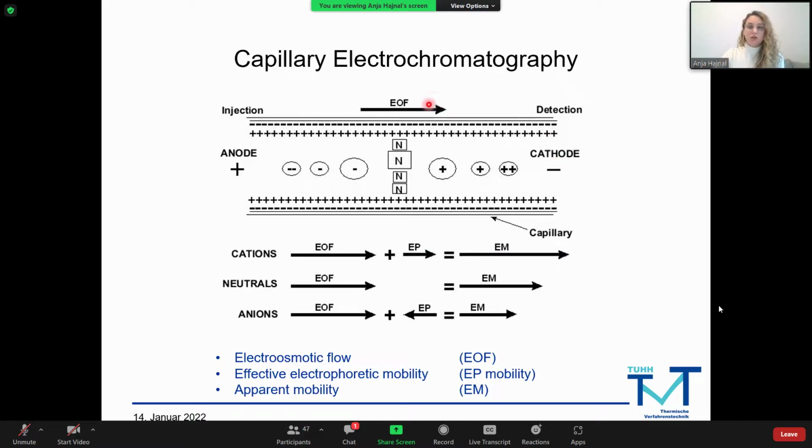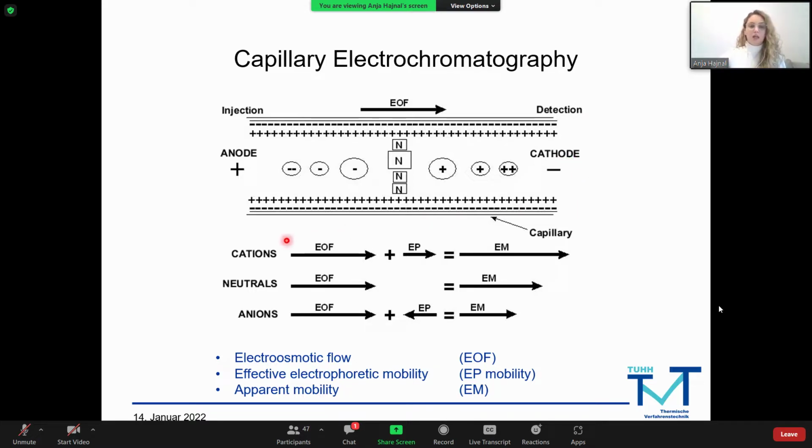And in all systems that use silica capillary or unmodified silica that have negative silanol groups, and then this positive layer of ions in between, it will always have an electroosmotic flow in the direction from the positive to the negative electrode.